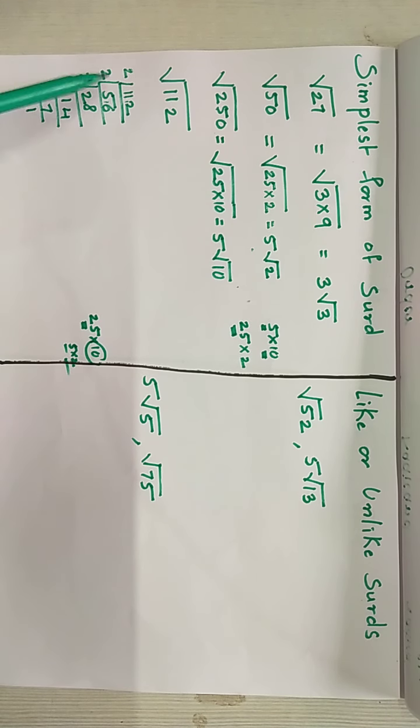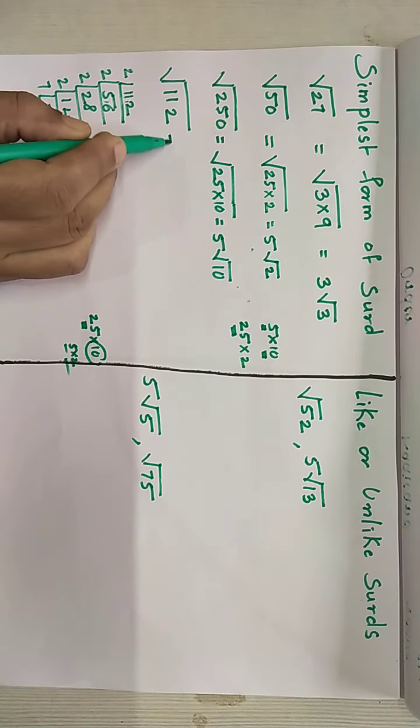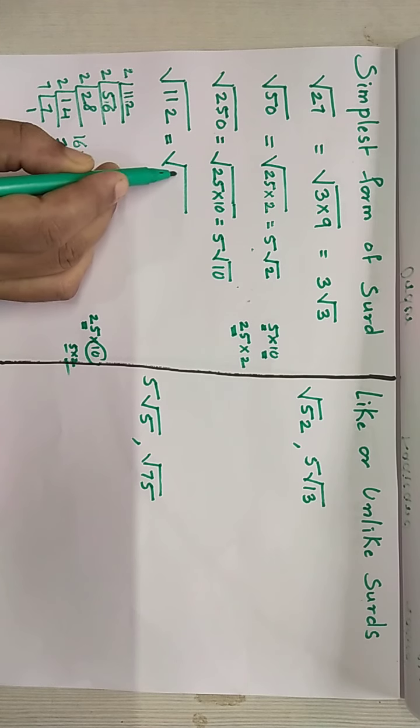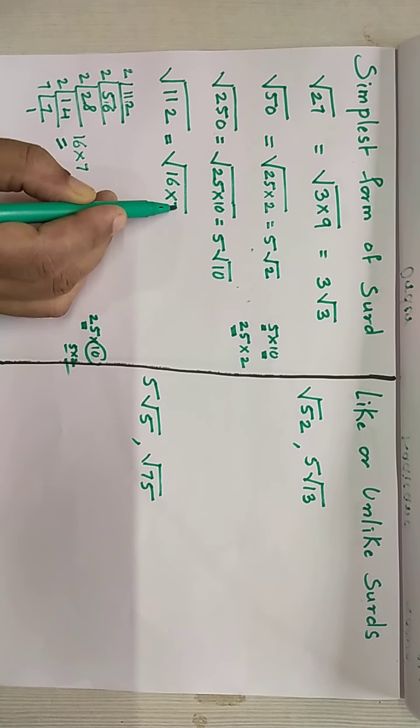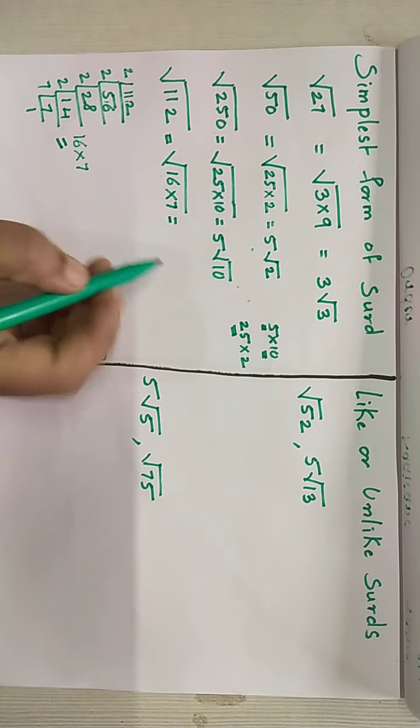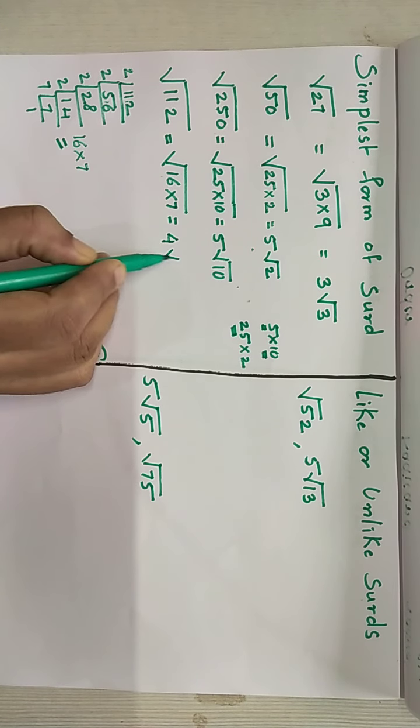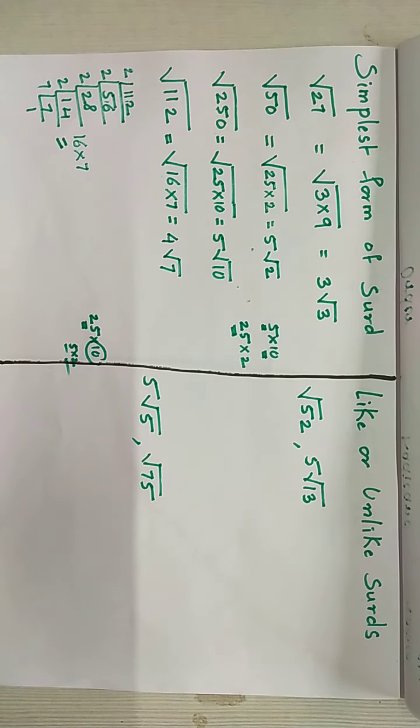So if you observe, it is 2 2s are 4, 4 2s are 8, 8 2s are 16. 16 7s are gives you 112. And 16 is a perfect square. So 112 can be written as 16 sevens are. So the square root of 16 will be 4 and 7 will remain inside. So this is how the simplest form of a surd is calculated.